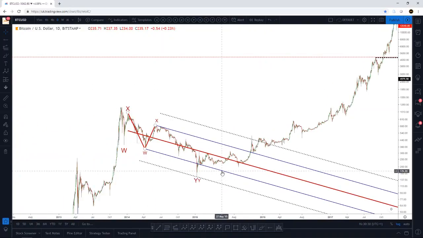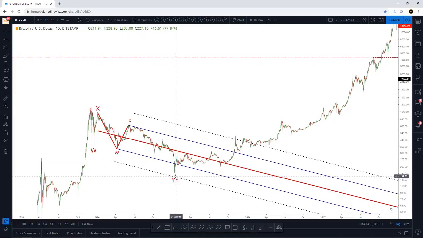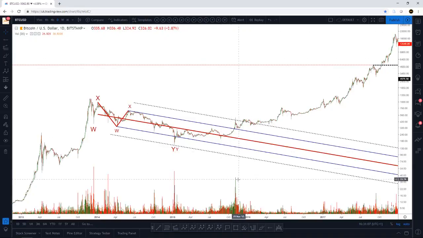So the way it played out in 2014 is when we achieved our bottom after our major WXY, we had a wave one up, and then it's looking like an A, B. So this is your 3 waves down, 3 waves up, and then a C wave, 5 waves down, 1, 2, 3, 4, 5, to form a regular flat. Okay, then your wave 3 came in. If we pull up volume, you'll see tons of volume eventually come in.